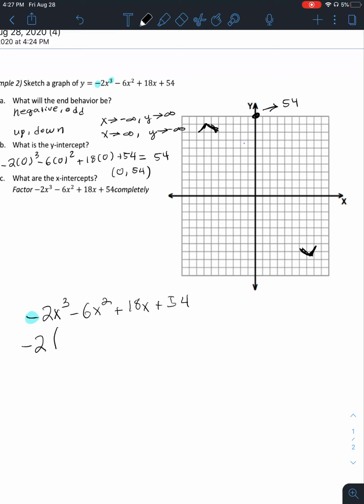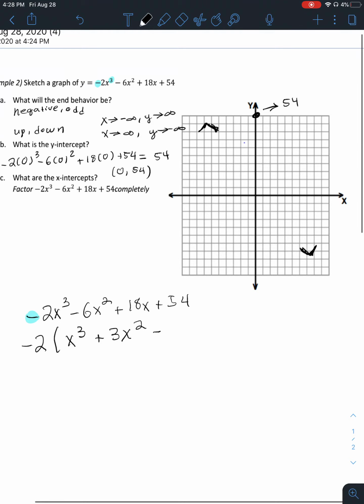And I am left with -2 times what gives me -2x cubed. I hope that you see that's x cubed. -2 times what gives me -6x squared. I hope that you see that's 3x squared. -2 times what gives me positive 18x.